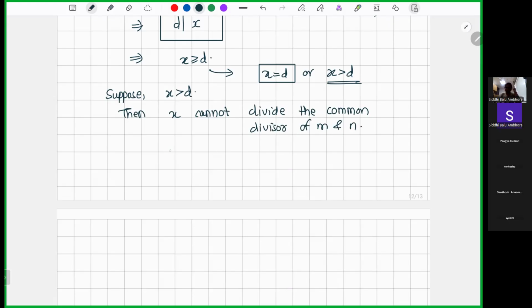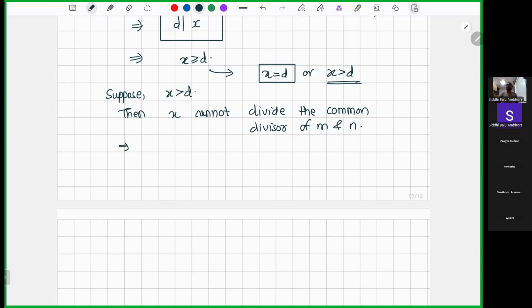Because if x divides d and we already have d divides x, then I will get x is equal to d. But x is greater than d, we are assuming. So x cannot divide common divisors of m and n. And also common divisors of m and n are less than d, because d is the greatest.